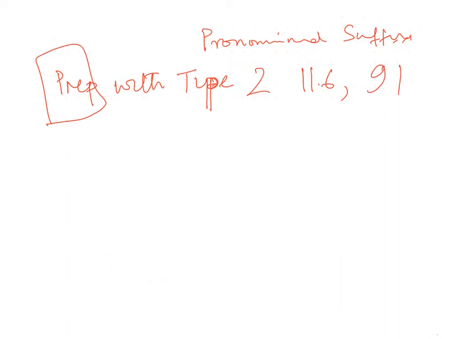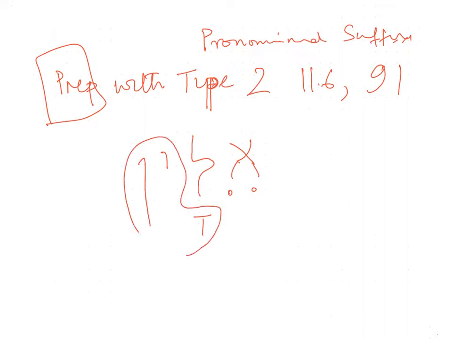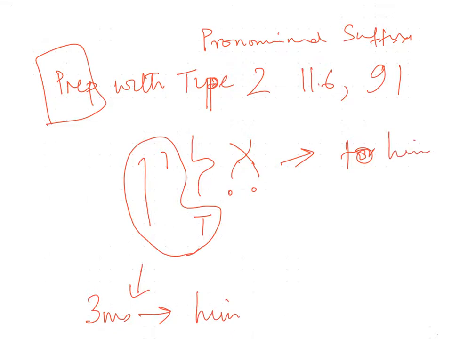So L is to and unto, and now this is type 2. This is a type 2 3ms. What is L? To. This is still translated objectively. Doesn't matter what the form is, it's still translated him, and therefore you write to him.